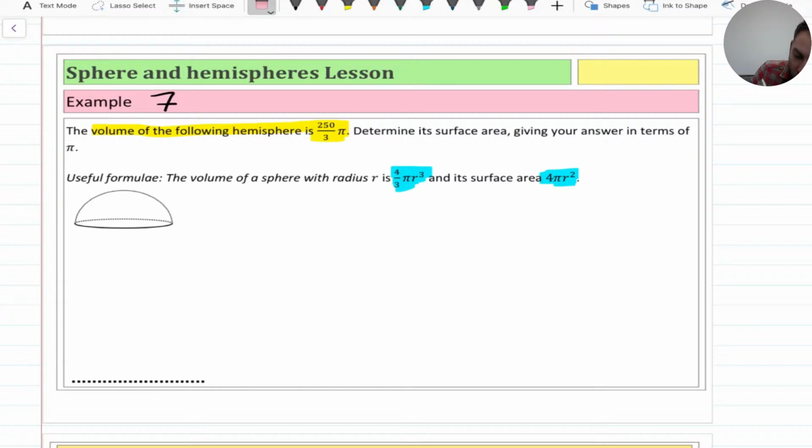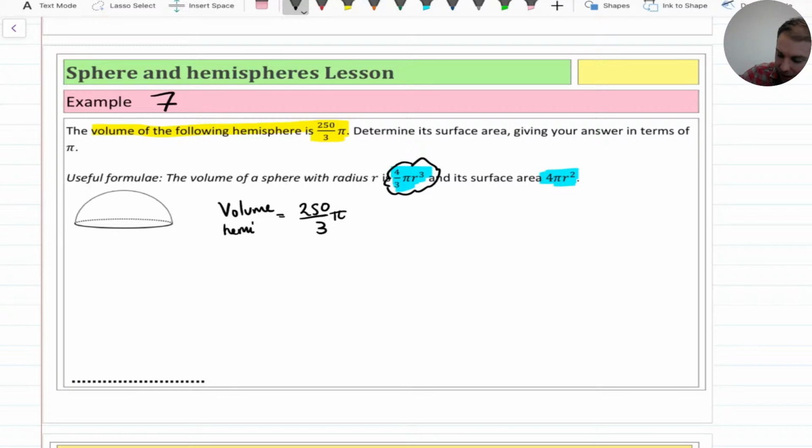So, we know the volume of the hemisphere, which is equal to 250 over 3 pi. We know that, okay? But we don't know what the formula for a hemisphere is. We know what the formula for the full sphere is.